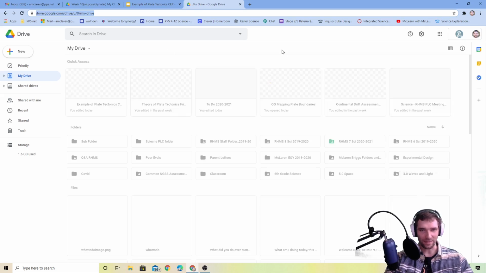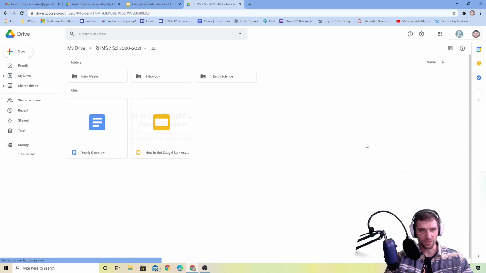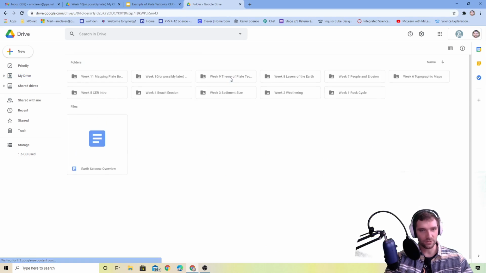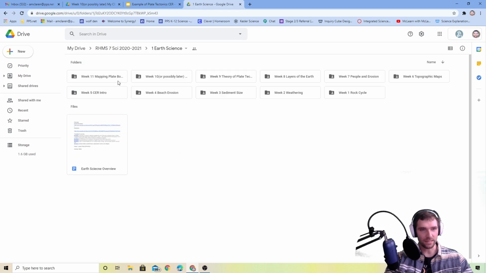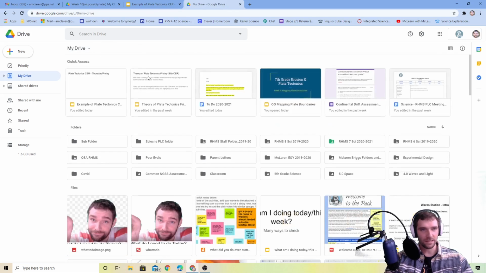So you can go to your drive. If you've got things organized into folders like I do, you could go exactly to the assignments for that week. I know a lot of you don't do that, but if you had it organized like that, then it's all in one place. Let's say that you don't organize your drive. If you needed help with that, I think Avid had a number of videos around that.